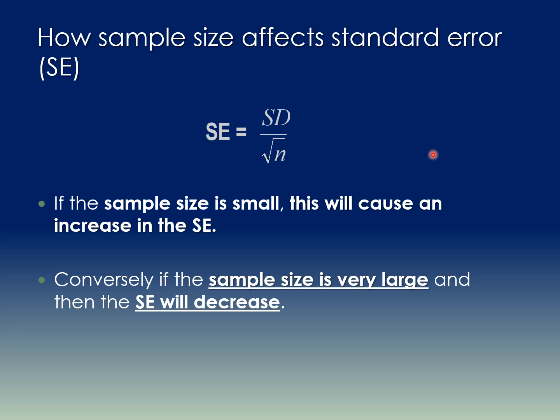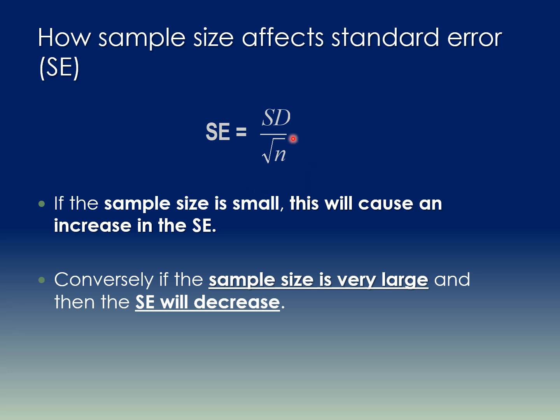Well, the square root of 1,000,000 is 1,000. My standard deviation could be really small for age. It might be 30 years, but 30 years divided by 1,000, well, your standard error is going to be really, really small. So what that tells us is, if I've got 1,000,000 people, you've got a pretty close approximation to what the population parameter really is.